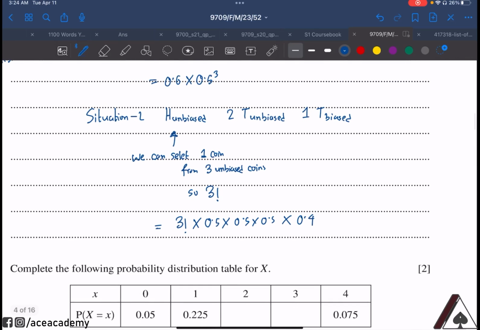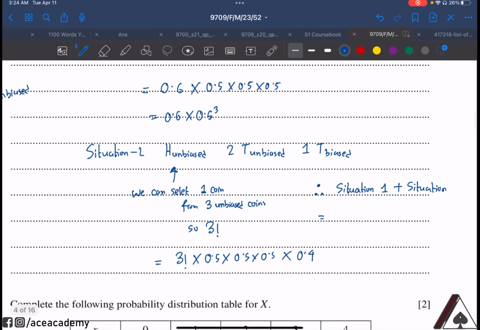So the total probability is situation 1 plus situation 2, which is 0.6 into 0.5 cube, which will give us 0.075, and situation 2 will give us 0.15.